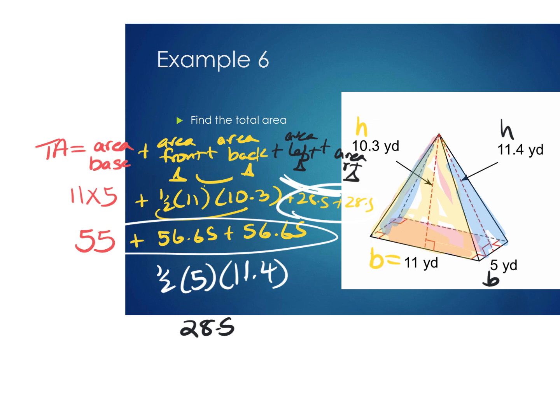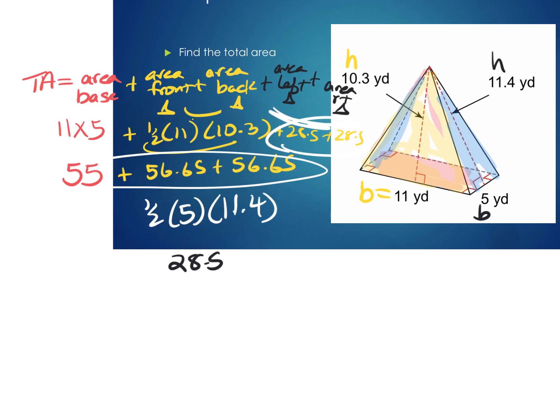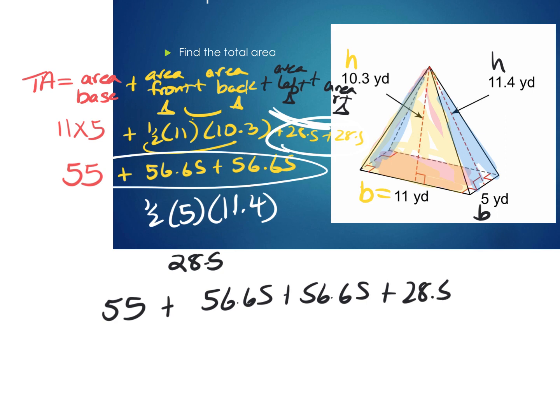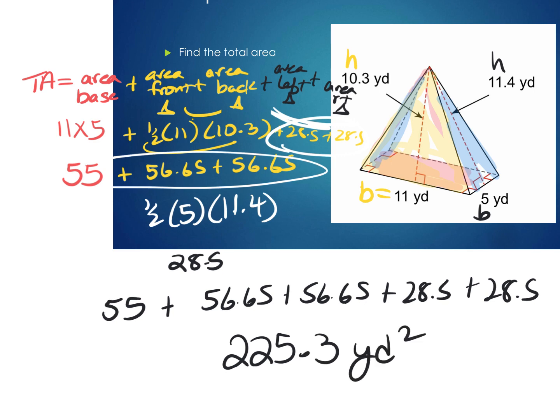Once I add all of that up, the 55 plus the 56.65, 56.65 plus 28.5 plus 28.5, I get 225.3 yards squared. And that will be the total area. So basically you're finding the rectangles and adding them. Front and back, you'll have 2 congruent, left and right, 2 congruent triangles, and then add it to the rectangle base.